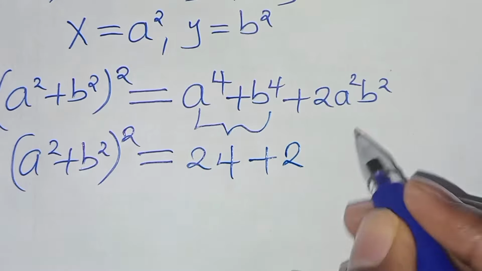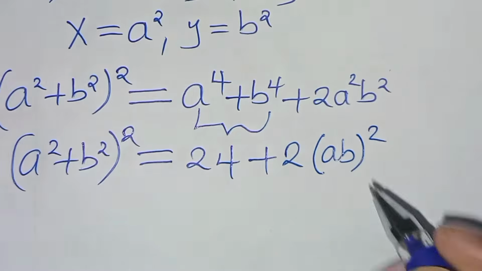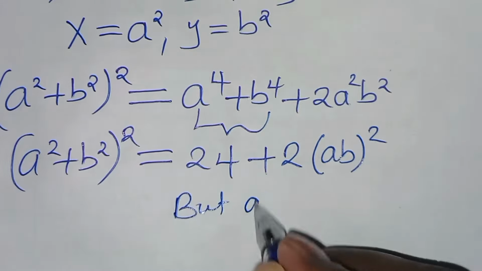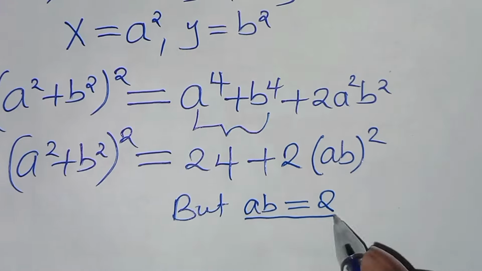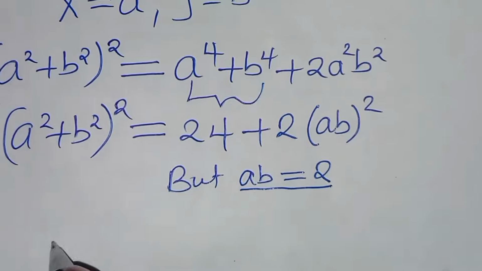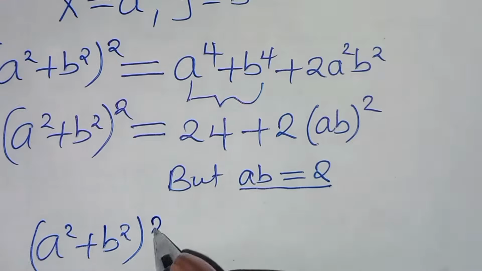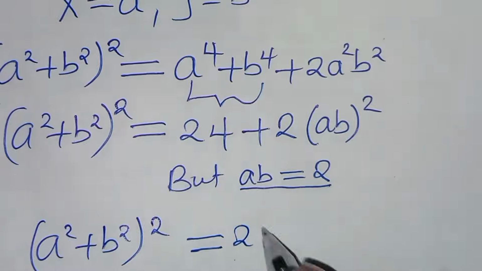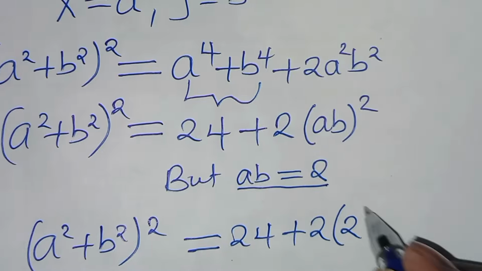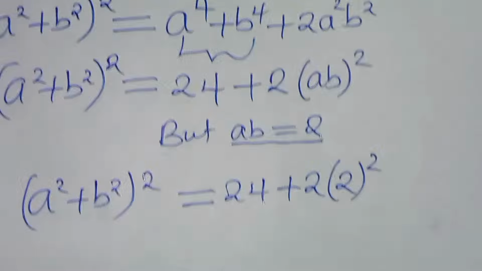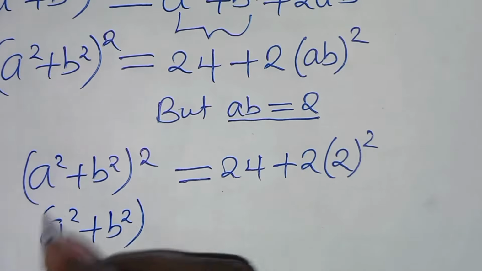plus 2 times a squared times b squared, which you can express as a b squared. But a times b from equation 2 is equal to 2. So let's substitute this. We have a squared plus b squared raised to power 2 equal to 24 plus 2 times 2 raised to power 2.